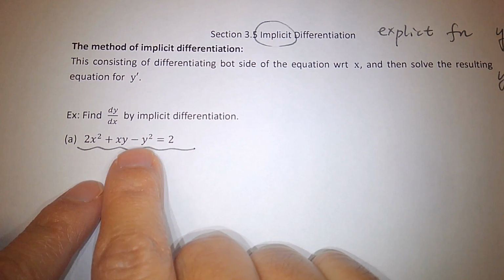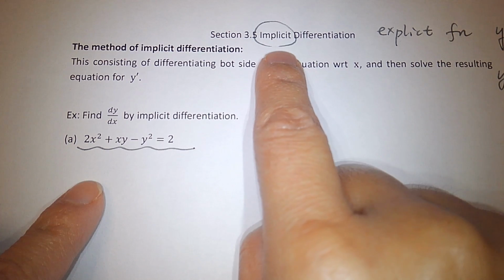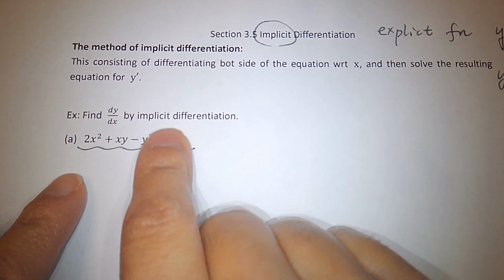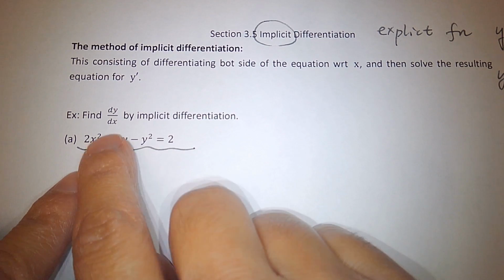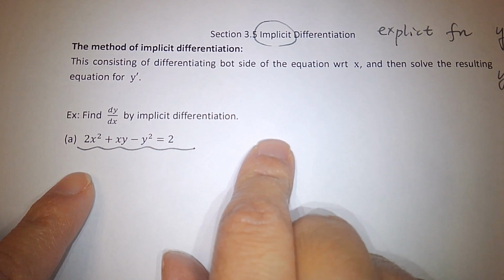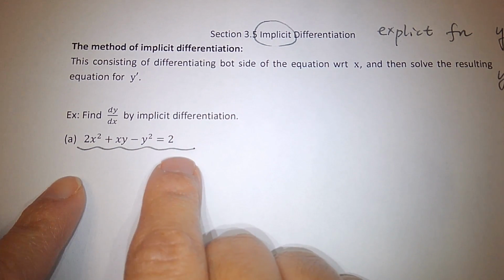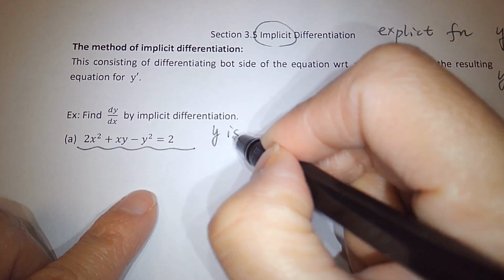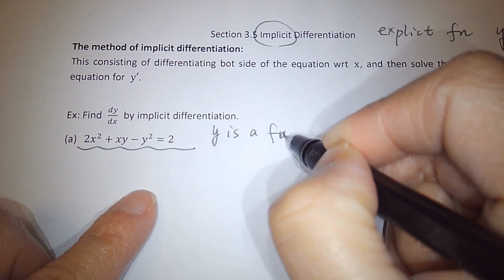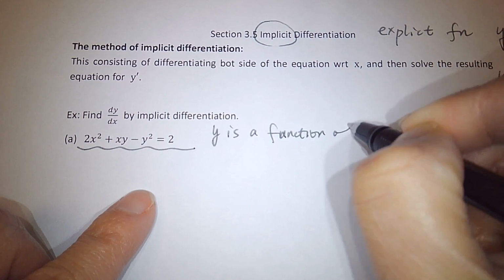Do you see the difference between explicit and implicit? Implicit means they're staying together. We're not able to separate y alone. So it's called implicit differentiation. But still here, y is a function of x.